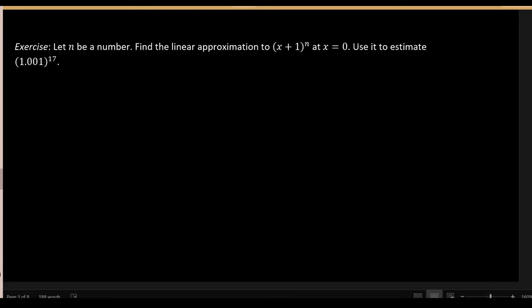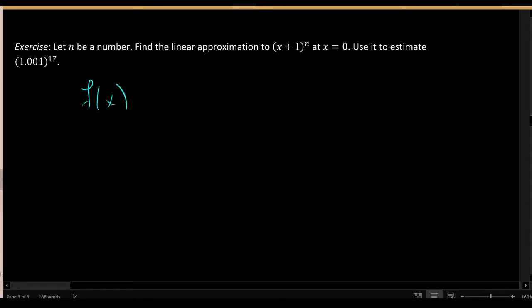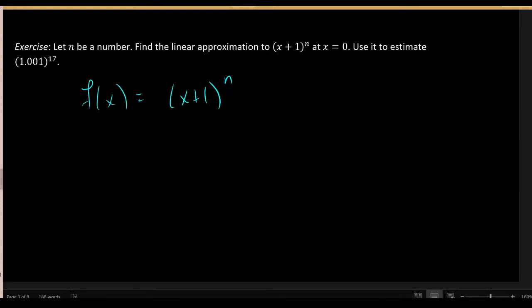Suppose we have n and we have no idea what the number n is. N is just some number, and we're going to try and find the linear approximation to the function called x plus 1 to the power n. We're going to try to find the linear approximation, the equation of the tangent line at x equals 0 in particular.